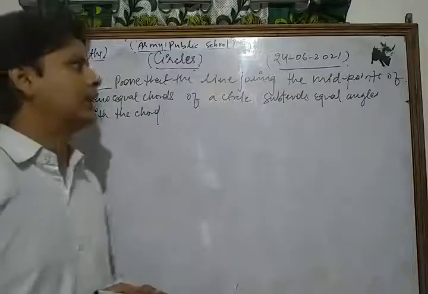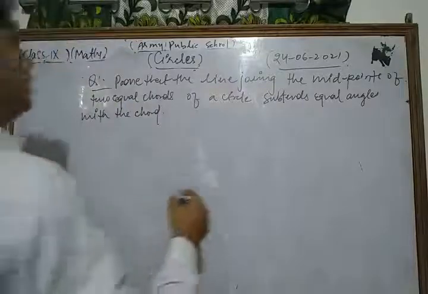Okay, we have to show that the line joining the midpoints of the two equal chords subtends equal angles with the chord.